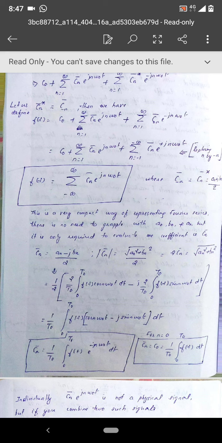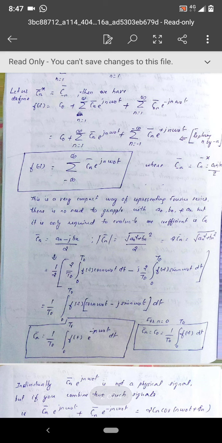So you can replace Cn bar as 1 by t naught, integration from 0 to t naught, f of t remains the same, and what is inside the bracket will be e raised to minus j n omega naught t dt. So Cn bar is equal to 1 by t naught, integration from 0 to t naught f of t e raised to minus jn omega naught t dt.